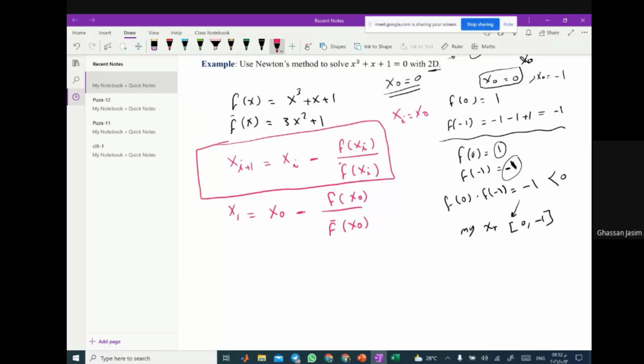We need to find what? The new x. The new x equals the old x minus the function of old x over the derivative of the function at x old.